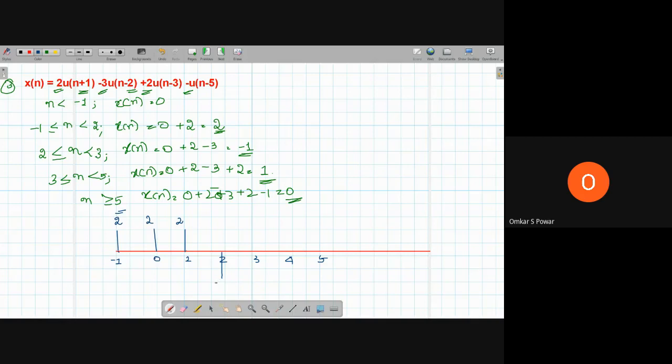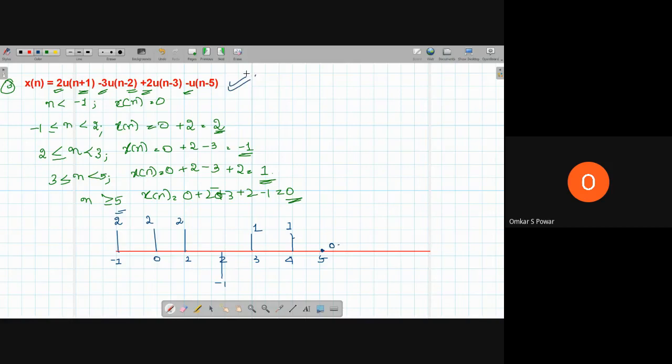Minus 1. It's less than 3, not equal to 3. So if it is equal to 3 and less than 5, so 3 and 4, the value is 1. So n greater than or equal to 5, the value is 0. So this is how you plot for discrete time signal.